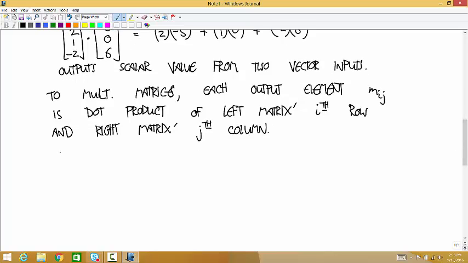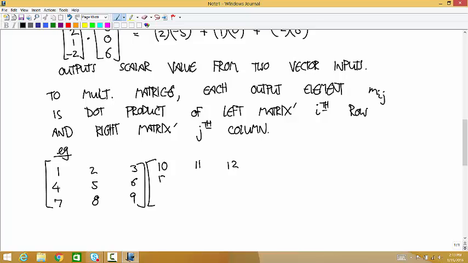So, for example, let's say we have 1, 2, 3, 4, 5, 6, 7, 8, 9. Is that symmetric or not? Nope. And we're multiplying it by 10, 11, 12, 13, 14, 15, 16, 17, 18.